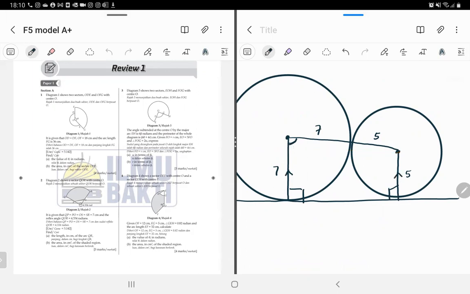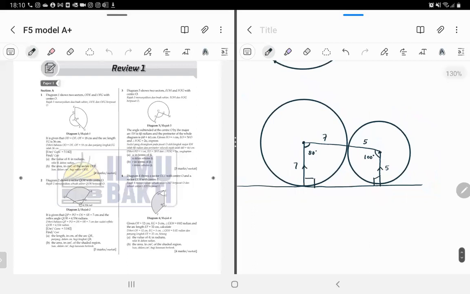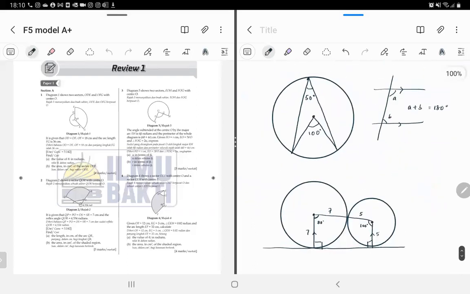If the angle on top here is 80, then over here will be 100 degrees, because of interior angles. So this is some of the rules that might be related to this chapter as well.